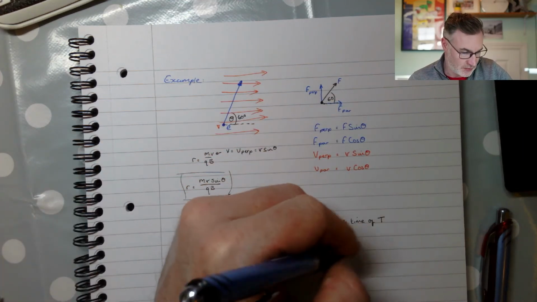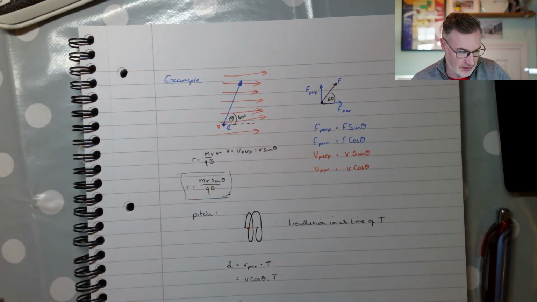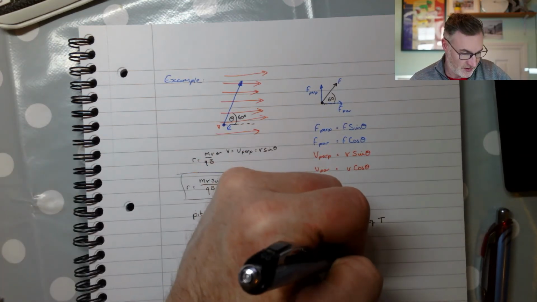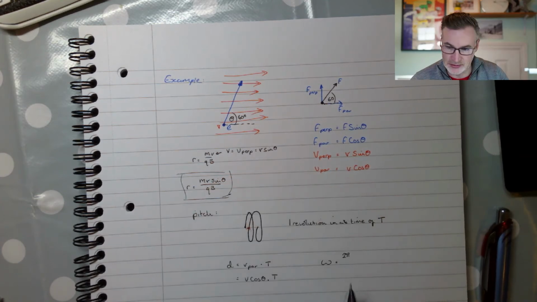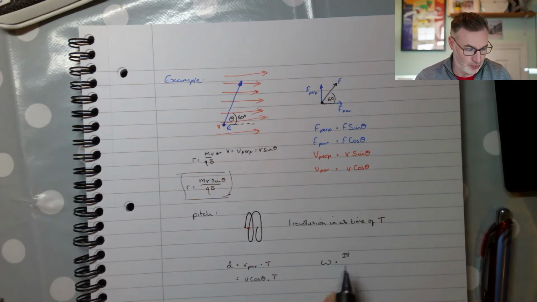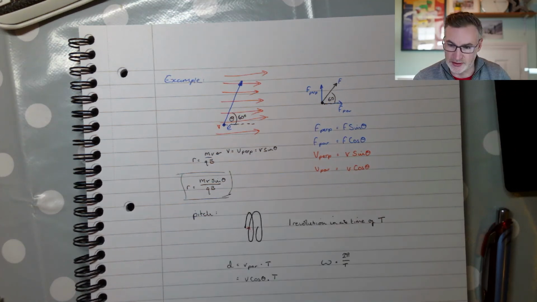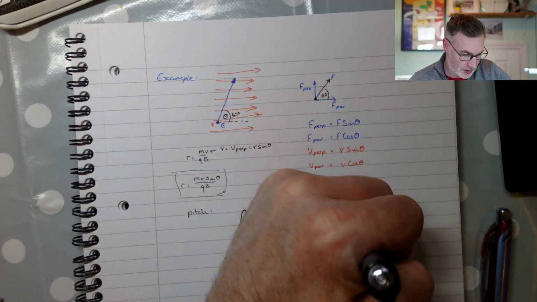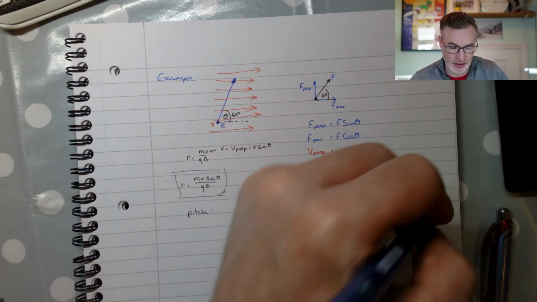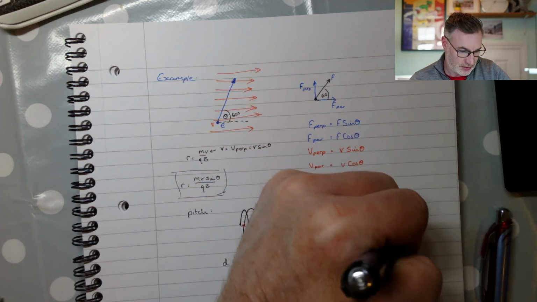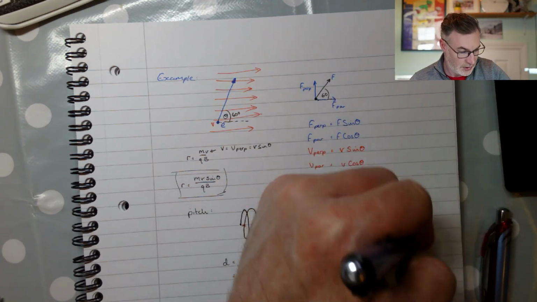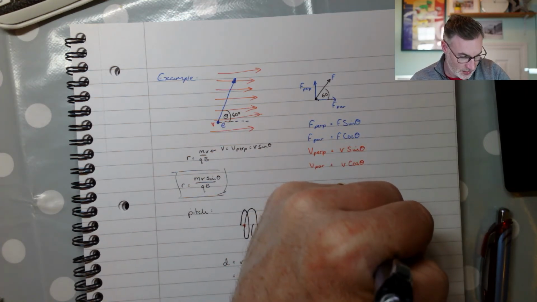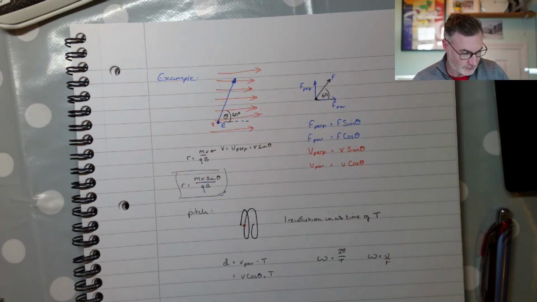If we remember back to the start of Unit 1, our angular velocity was defined as the number of radians in one revolution, i.e. 2 pi radians, divided by the periodic time T, and also your angular velocity omega is equal to v over r, so v equals r omega.